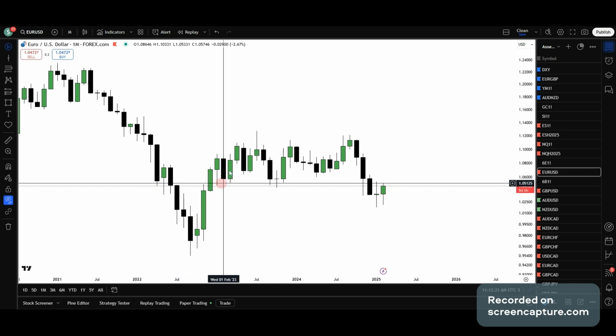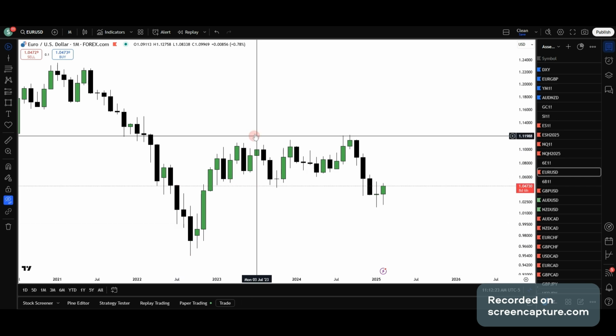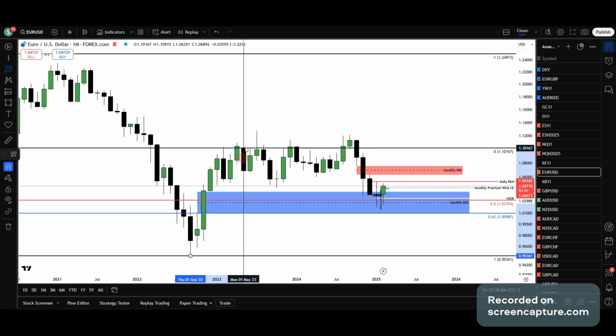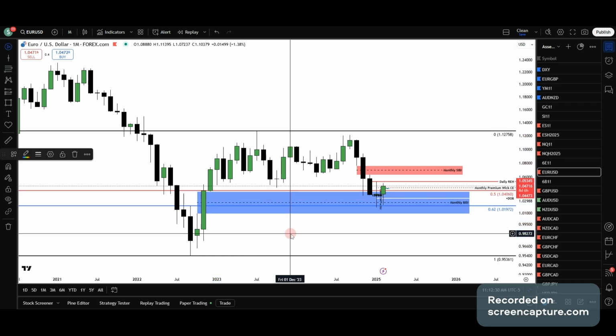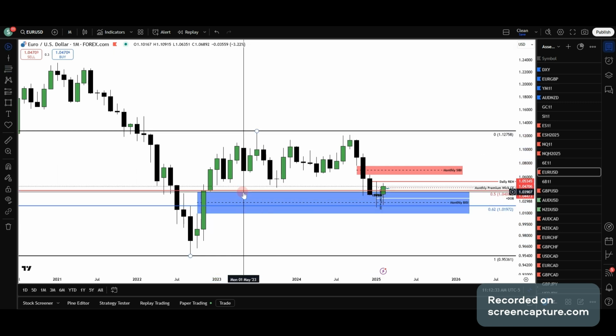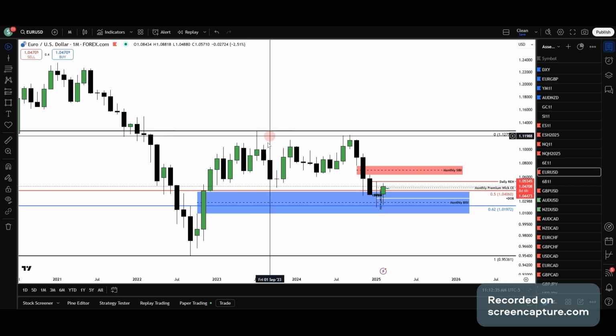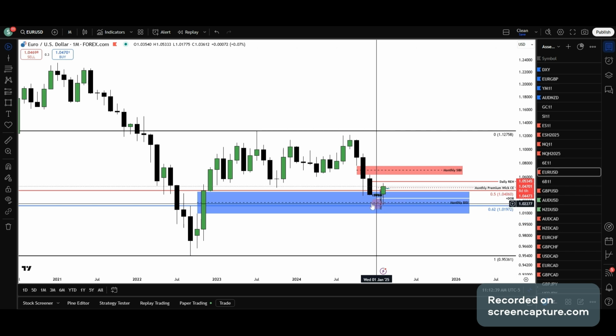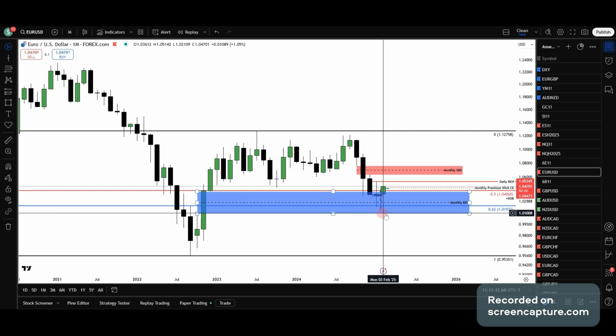So we're in discount, and I measure discount by using my fib from high to low; discount is anything below 50% of this range. When we buy in discount, we're buying when an asset is priced at fair value.